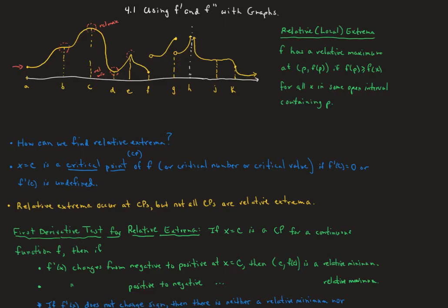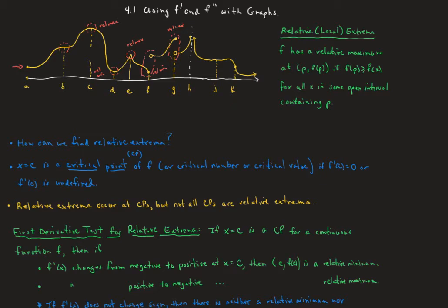At the point E, that is the tallest point in that little area, so that is a relative maximum. Now F is kind of an interesting question. You can see that point right there is in fact the smallest in that little area around F, so that is in fact a relative minimum. And likewise at G, this is a relative maximum because it's the largest y value of some little interval containing G.